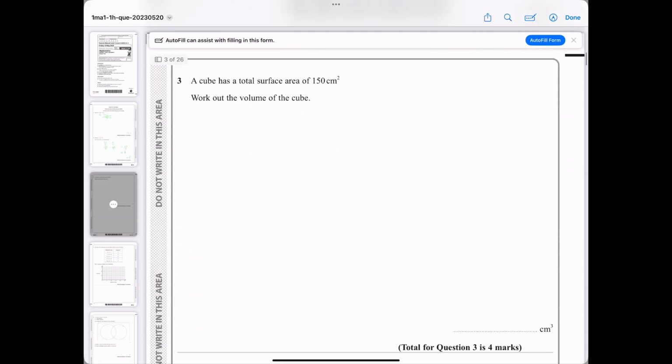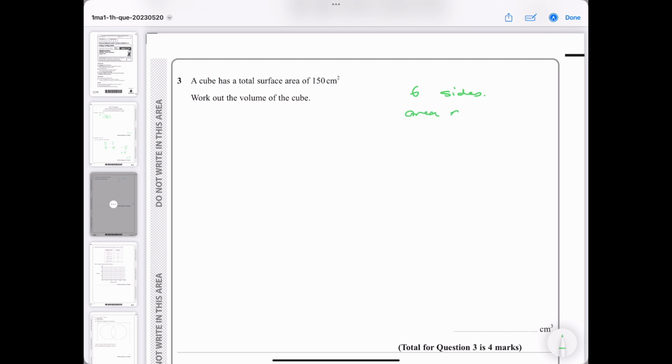Lovely. Now, a cube has a total surface area of 150 centimetres squared. Now, a cube has 6 sides, and each of those sides has the same area. So that means in order to find out the area of one side, we will divide 150 by 6, and that gives us 25 centimetres squared.